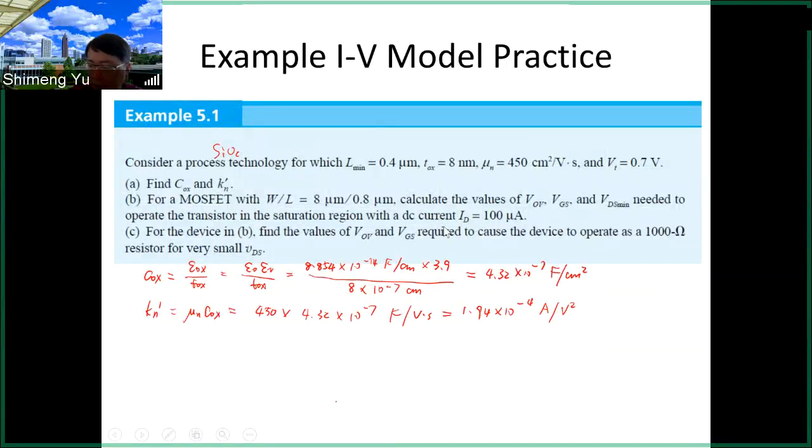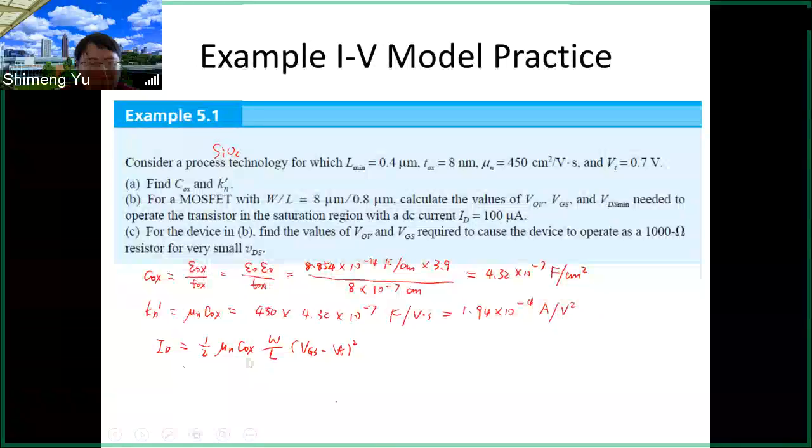It's in saturation, so we should use the saturation current equation, ID equals. Always write down the equation first in your homework or in the exam. This allows you to get partial credit, so we do that first.